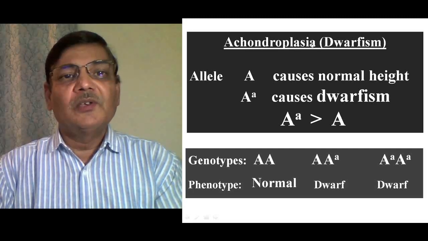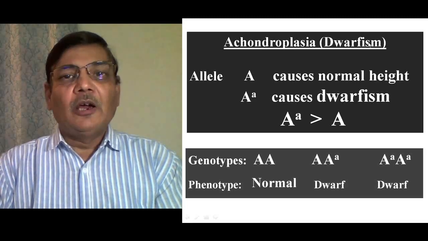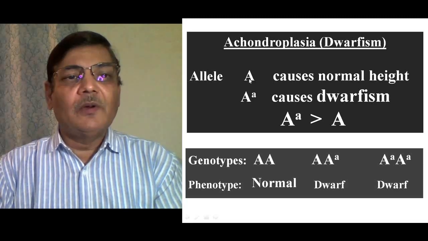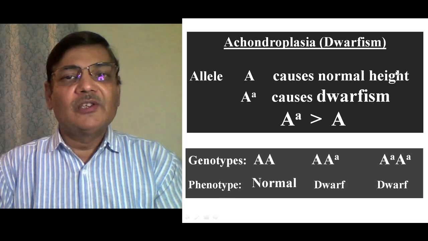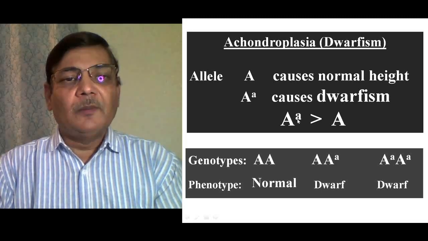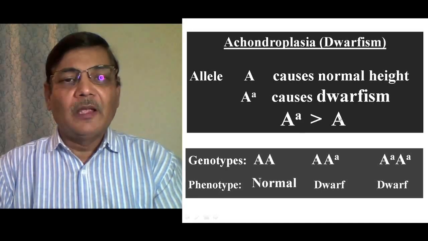It is a disease in which the person's height is very short and such individuals suffer from dwarfism. There is a specific locus on a chromosome. It may have two allelic forms, a which causes normal height and another one, A, that causes dwarfism. And here A is dominant over a.